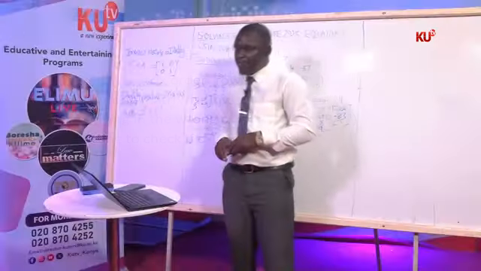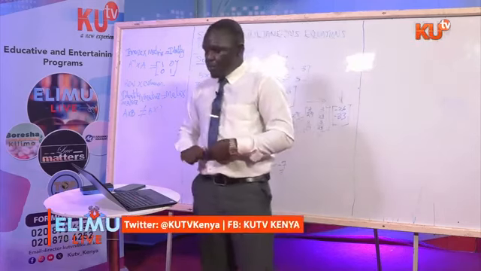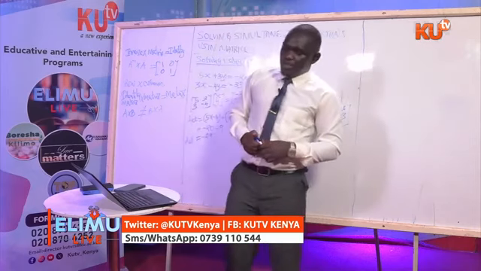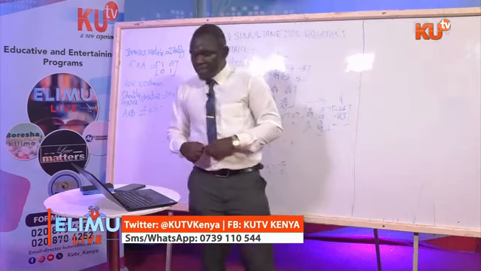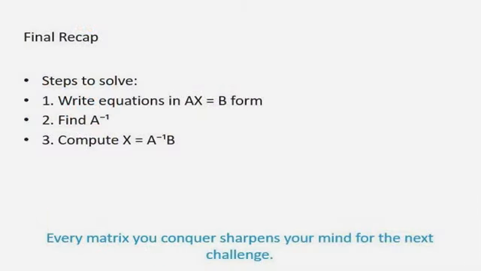Let's have the final recap on what we learned today. First, we learned how to write equations such that A times X equals B. A was our coefficients, X was our unknowns, then B were our constants.